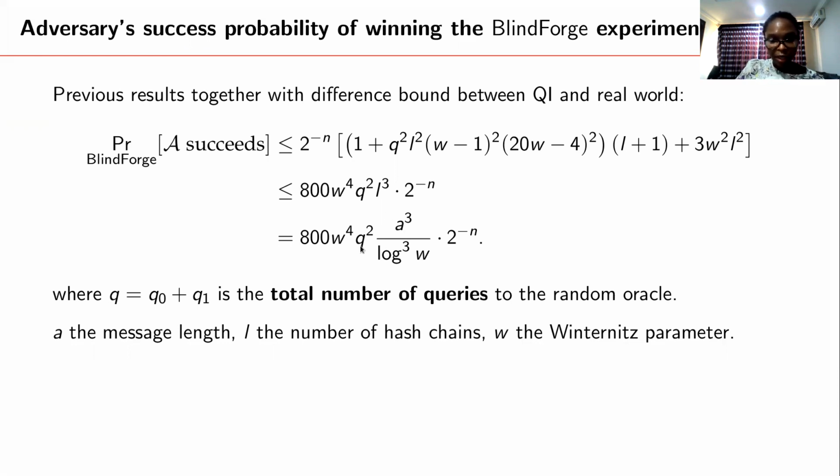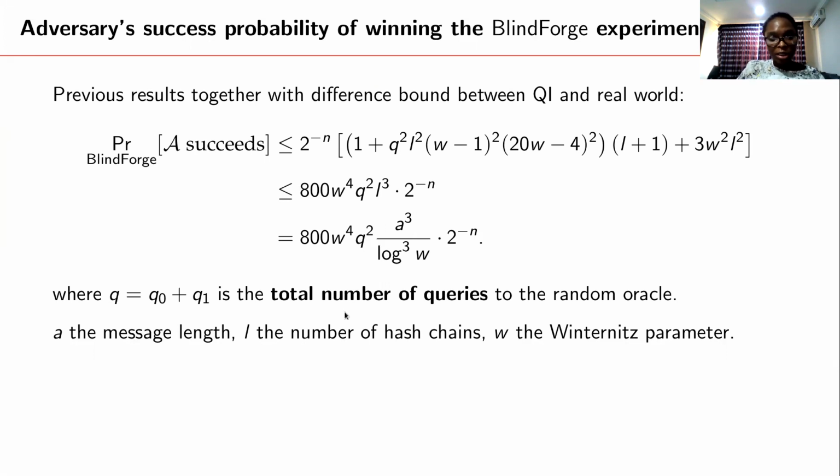So it depends again on the maximum number of queries and the security parameter. Making a similar analysis in the case of hash queries, we found that this parameter is again negligible under a certain number of queries to the random oracle.